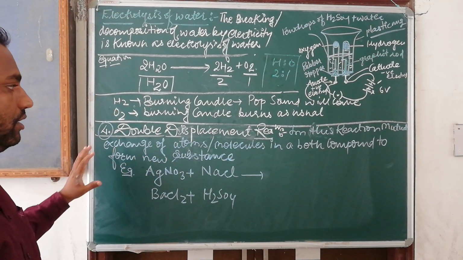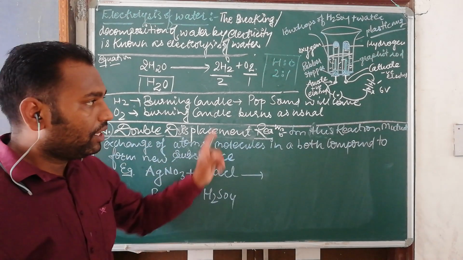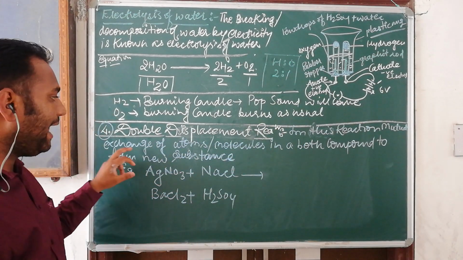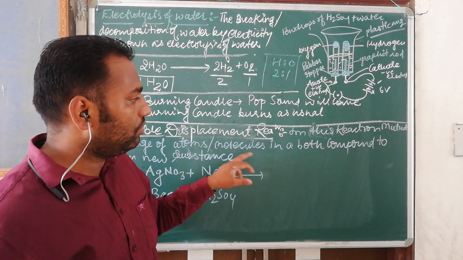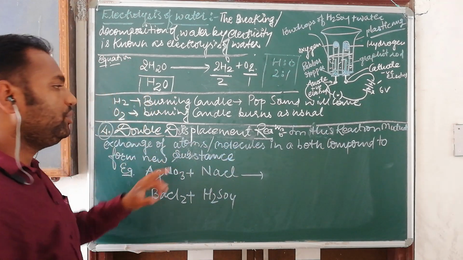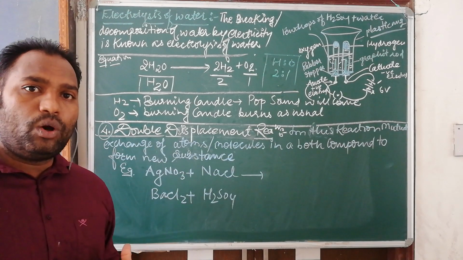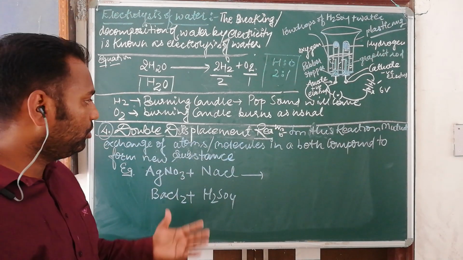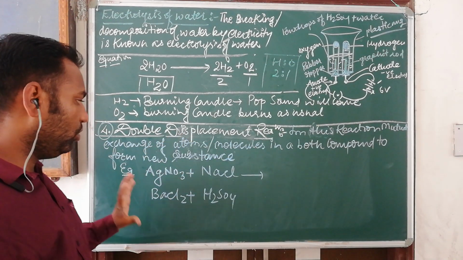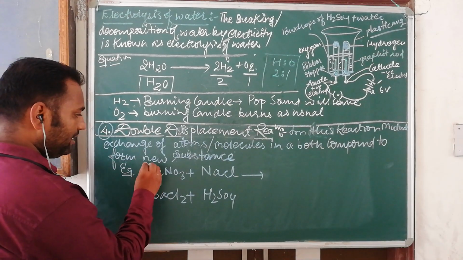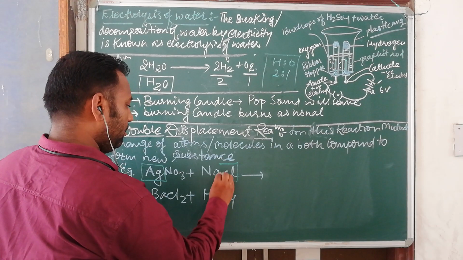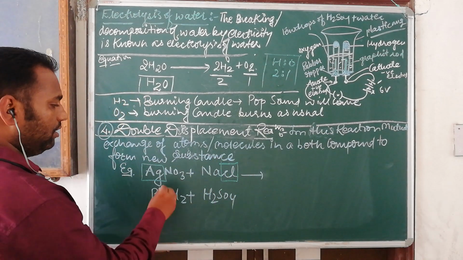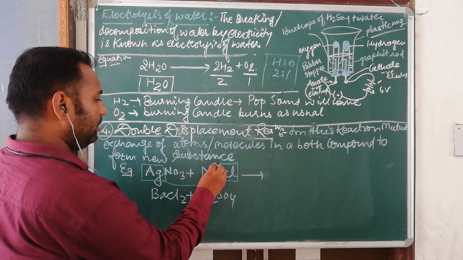I think you understood the double displacement reaction. In this reaction, there is mutual exchange of atoms or molecules, sometimes ions also, in both compounds to form new substances. How can we exchange mutually? This is a very easy reaction.